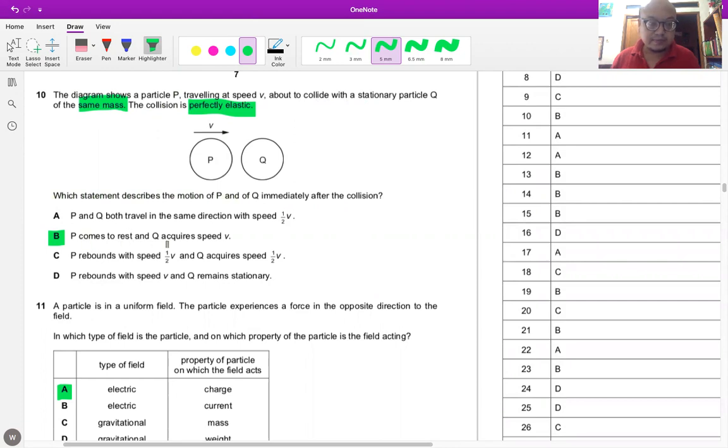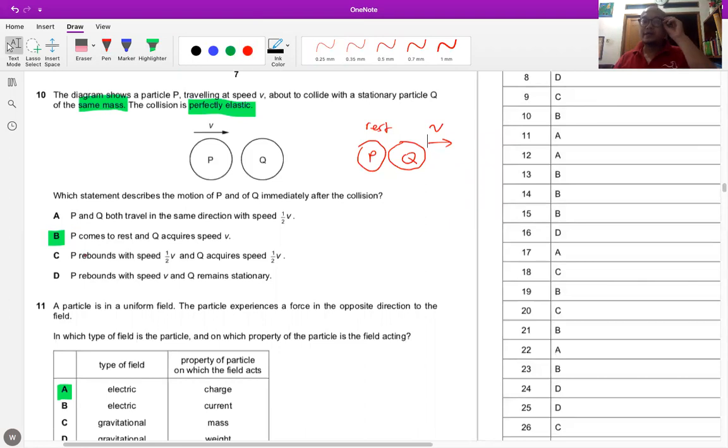P comes to rest, and Q moves with the same velocity as P had before the collision, about V. So correct. The answer is B.